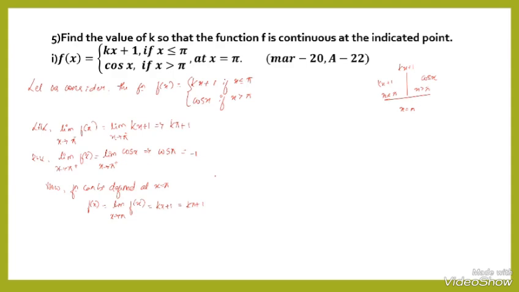Now, by the definition of continuity, we say the left hand limit x tends to pi minus f of x, the right hand limit x tends to pi plus f of x, and the main function value at x equals pi are coincident.